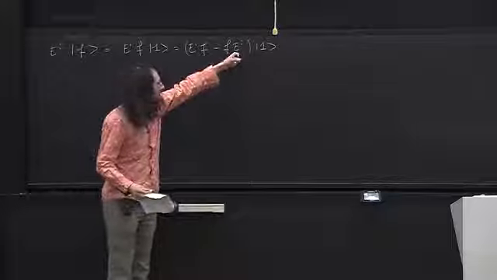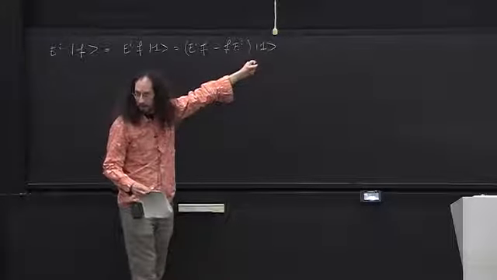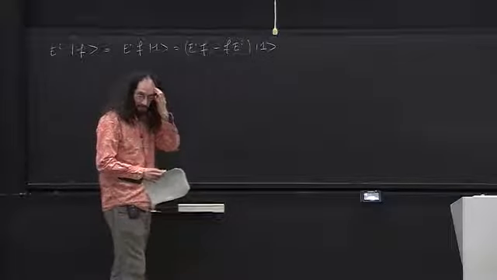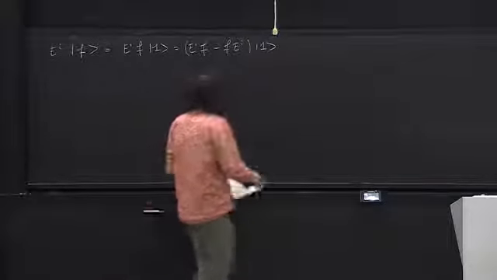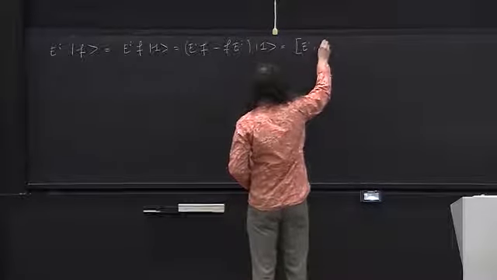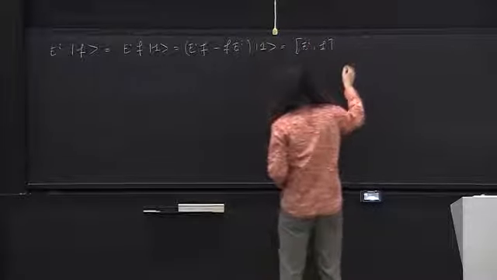Because E is a derivative, so the derivative on the constant function is 0. So that's the commutator EI F on 1.